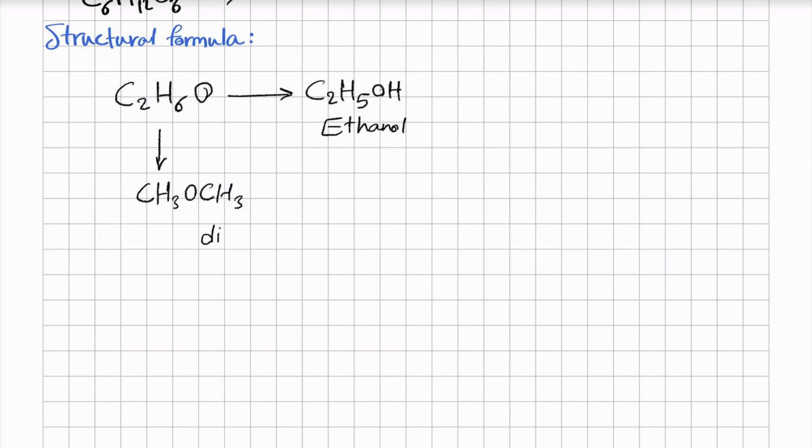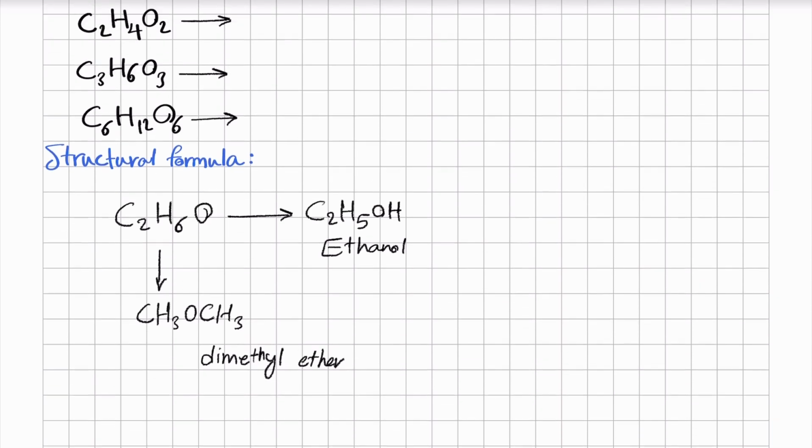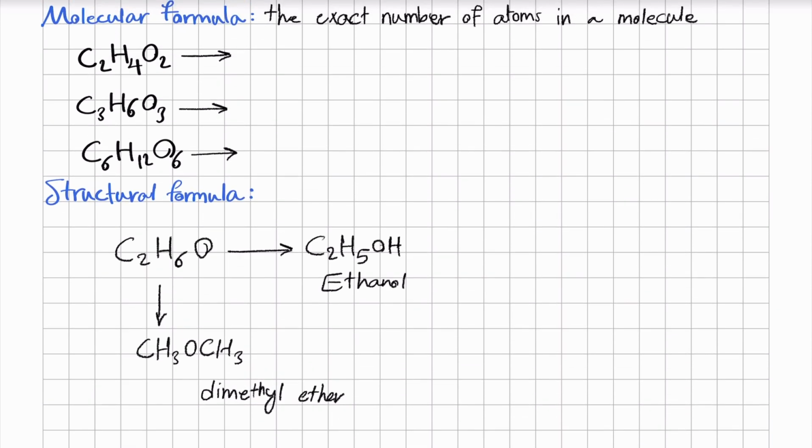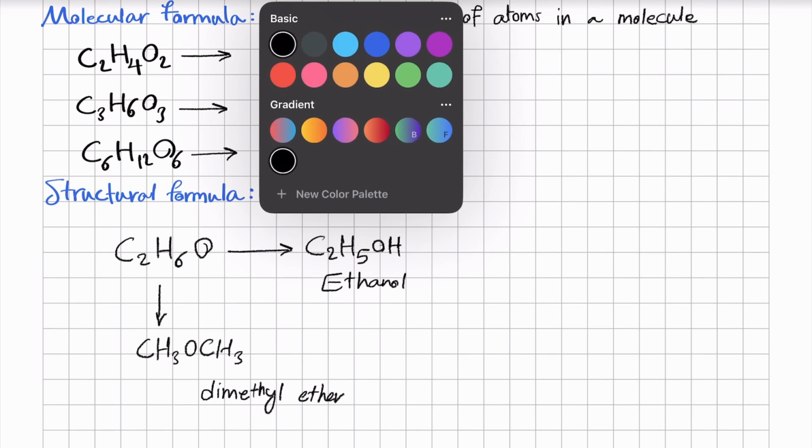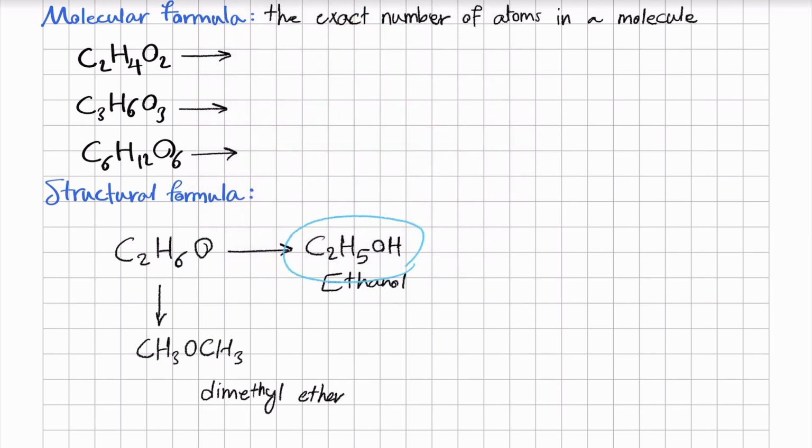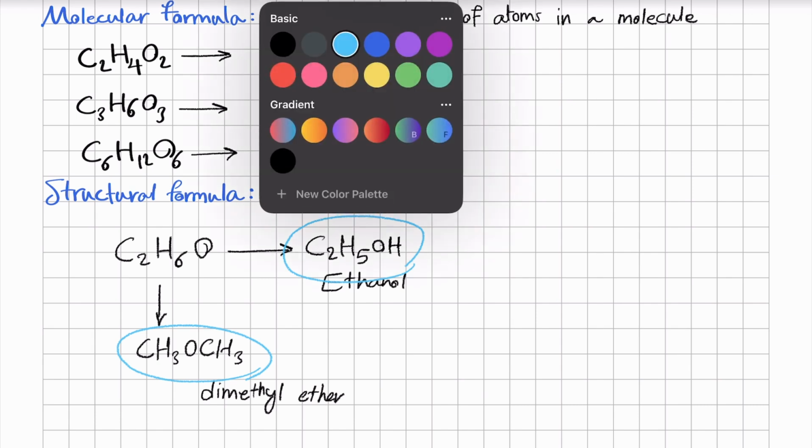So let me write it here. Look, there are different molecules, but their molecular formula is the same. Actually, the formulas that we have here, I mean this one and this one, which I'm showing with the blue color, are their structural formula.